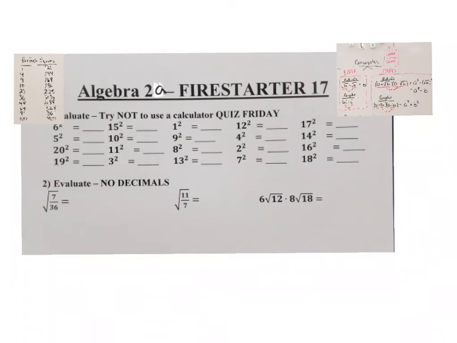Alright, 17. The exact same concept, almost. I just changed some of the numbers. So 36, 25, 400, 361, 225, 100, 121, 9, 1, 81, 64, 169, 144, 16, 4, 49, 289, 196, 256, 361.